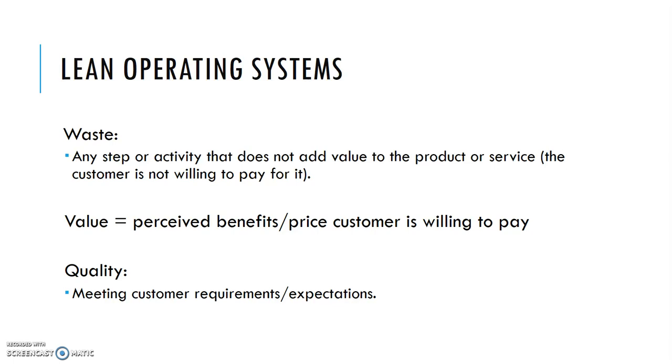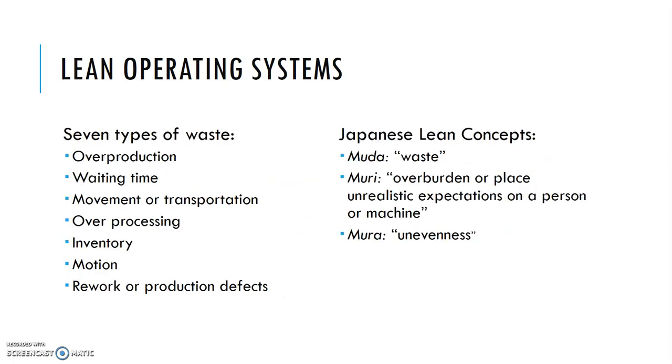So thinking about waste, value, and quality, let's go to some specific types of waste that we can think about when we're looking at the system from a lean perspective. Lean operating systems give us 7 types of waste. We've got overproduction, which is simply producing more than the customer needs, right?